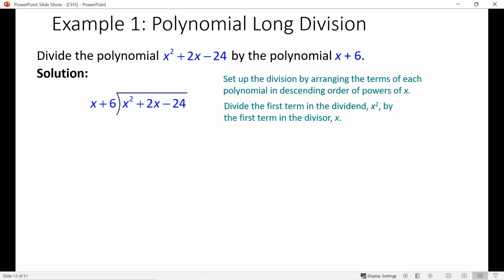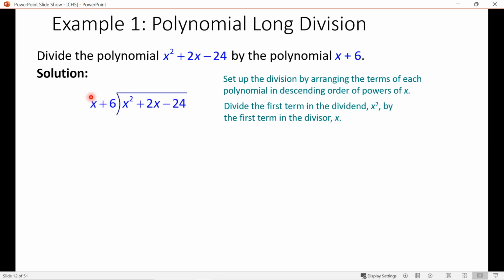Make sure that the larger polynomial is written in descending order of degree, and we only are going to look at the first term of our divisor when we are trying to see how many times this goes into our main polynomial.